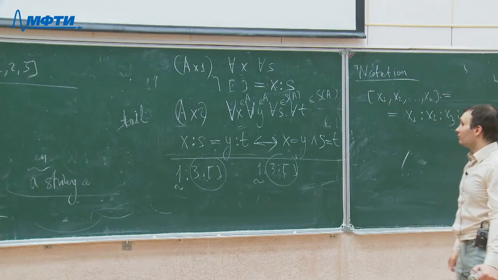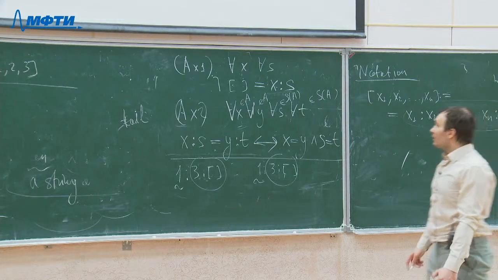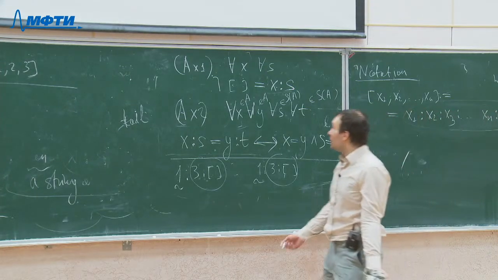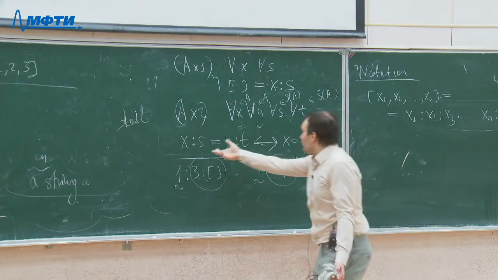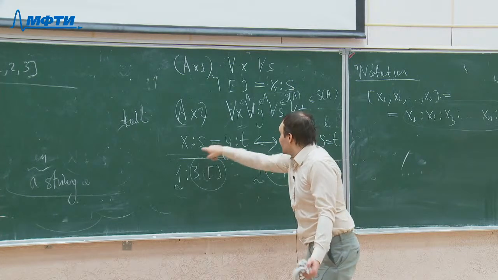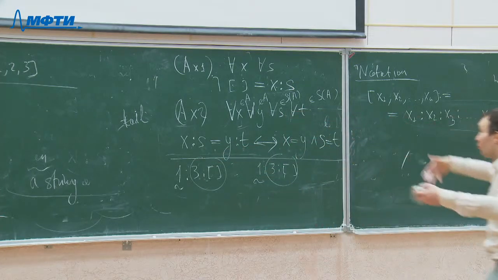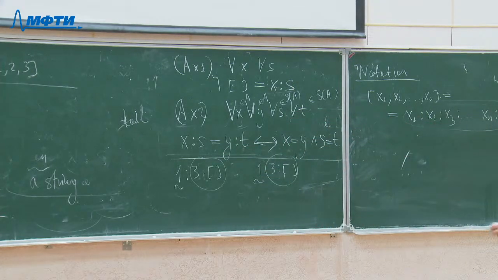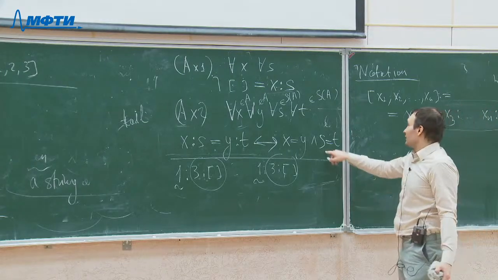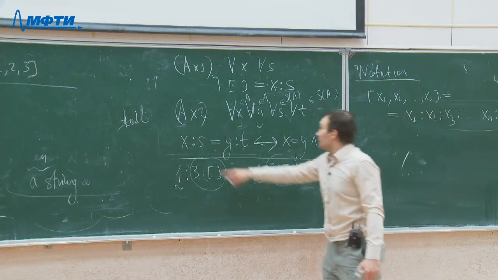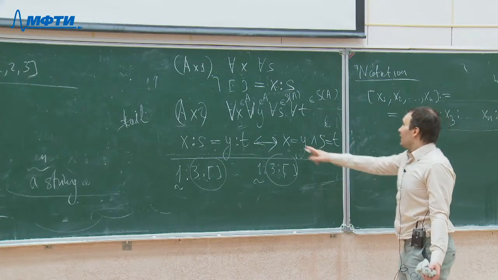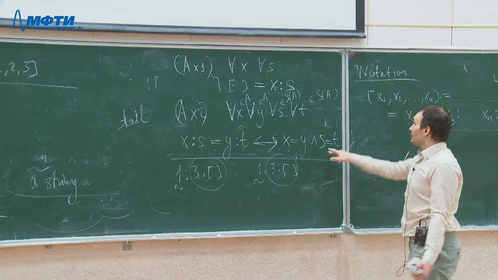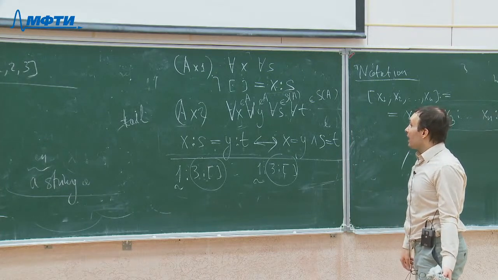So in general, you may not distract these tails, go deeper into them. So you say that it's enough for the strings to be equal that their heads are equal and their tails are equal.